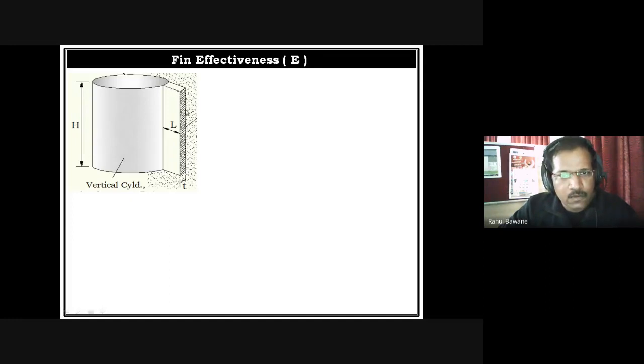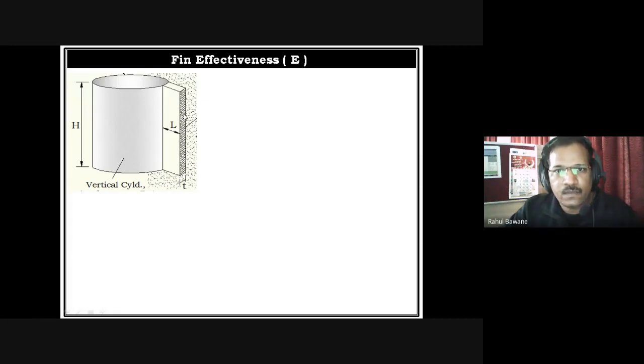So by adding a fin, both phenomena are working together. The convection part tends to increase the heat transfer rate. The conduction part tends to reduce the heat transfer rate. So how can we identify whether applying fins will actually increase the heat transfer rate or not?